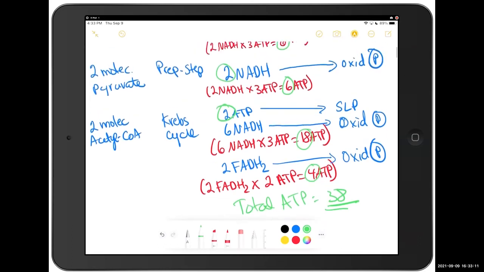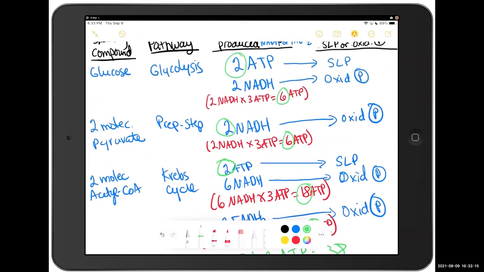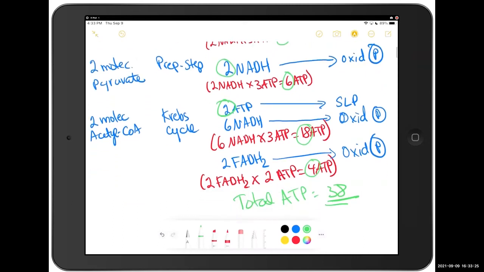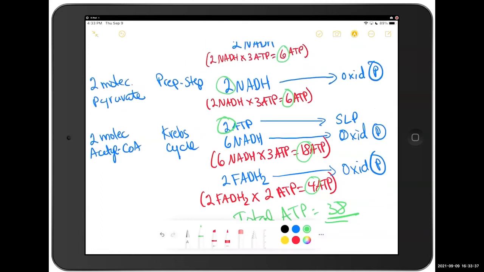Let's add them. 2 plus 6 is 8, right? 10, 16. Yes. 16 plus 20, 36. Whoa, did I do it wrong? Now this doesn't make sense. I circled an extra one. I circled the wrong one.